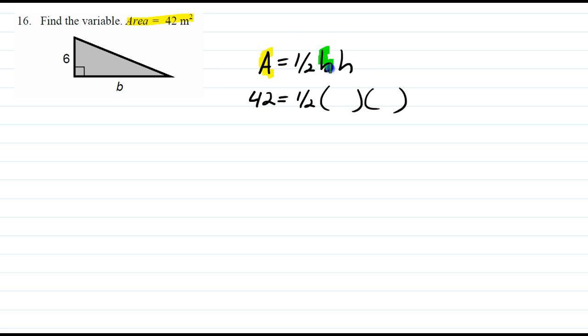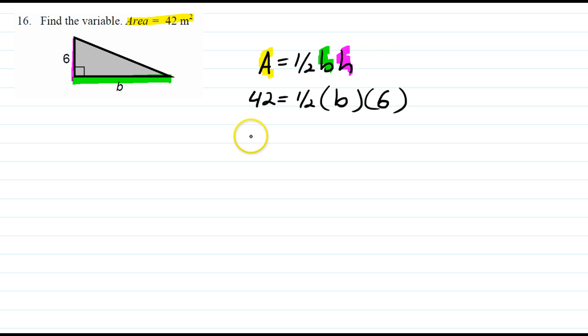We need our base, which we don't know, so that's going to be B, and we need our height, which is 6.